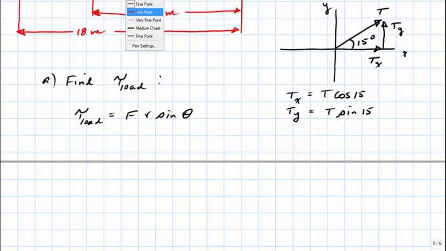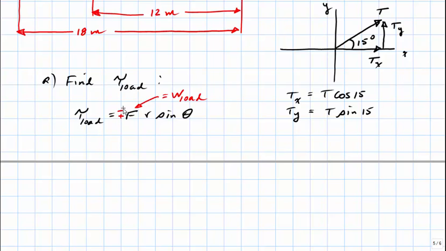Now the force of the load equals the weight of the load. We also need to consider whether the torque is positive or negative.